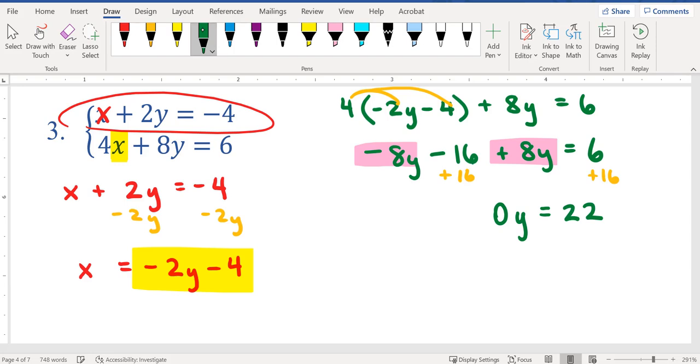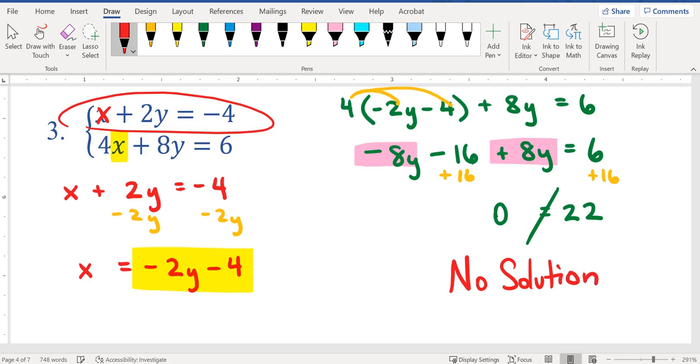Oh, wait a minute. 0 times y is just 0. Does 0 equal 22? That's not a true statement. 0 can never equal 22. So guess what? There's no solution to this system. If you were to try to graph those two lines, they would be parallel lines with different y-intercepts.